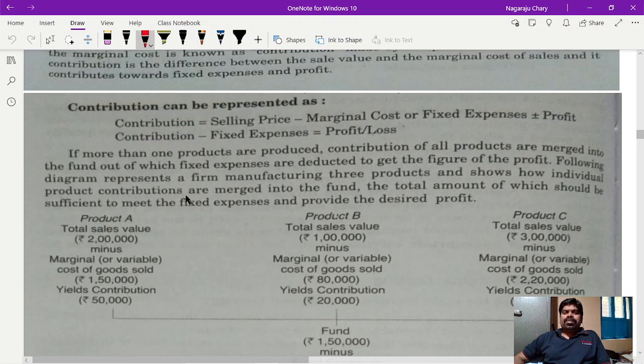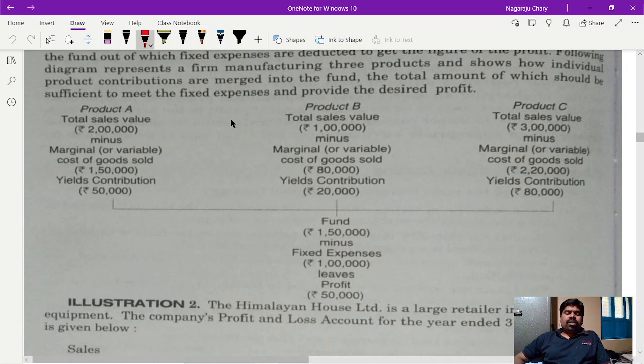The sum of fixed cost and profit will be the contribution. So that is why contribution can be calculated through this equation. It is nothing but the marginal cost equation.